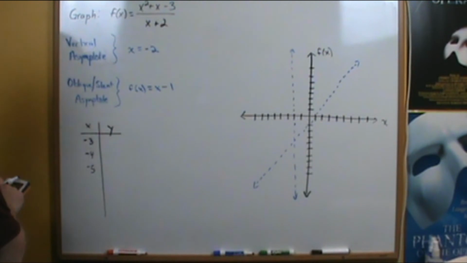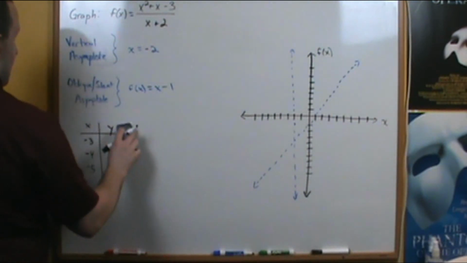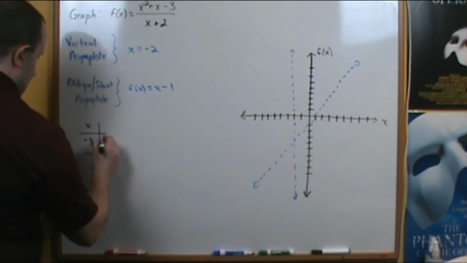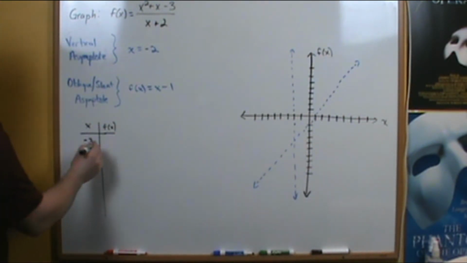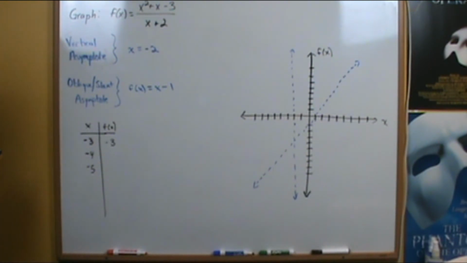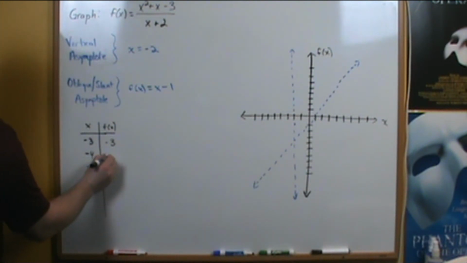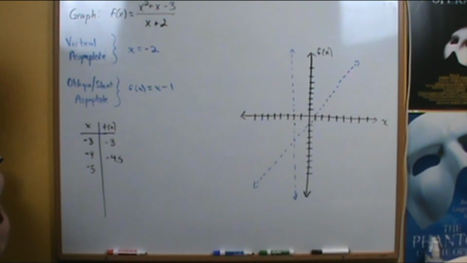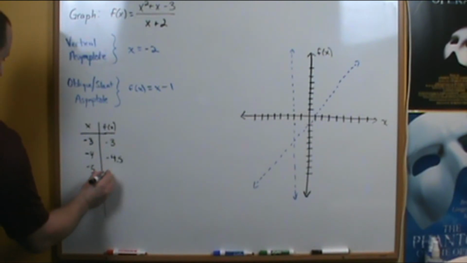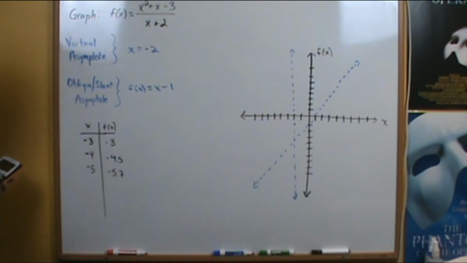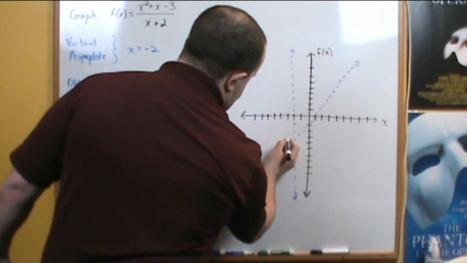When we evaluate this function f of x at x equals negative 3, we get a y value of negative 3. When x is negative 4, we get an f of x value of negative 4.5. And when x is negative 5, we get an f of x value of about negative 5.7, negative 5.6 repeating. So if we graph those, okay, negative 3 is right here.